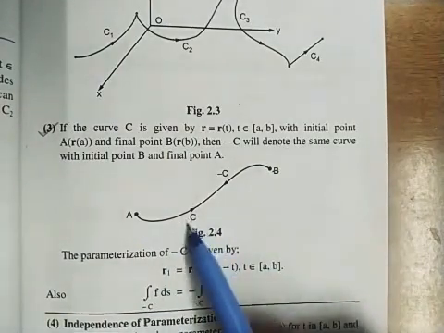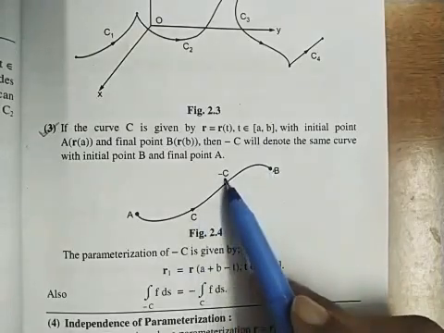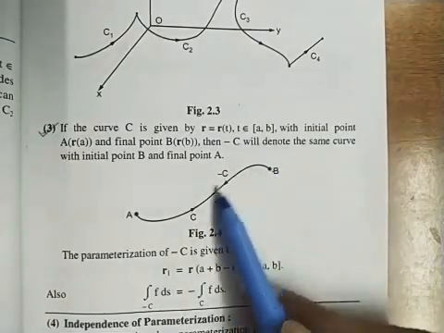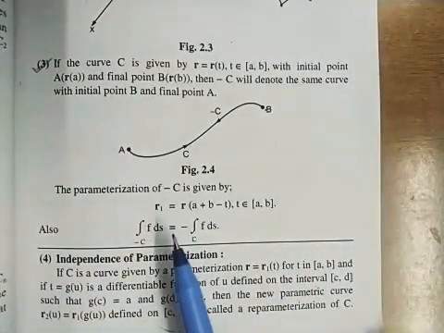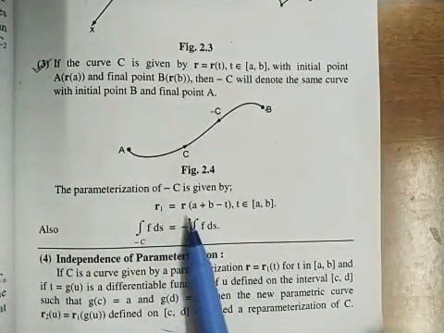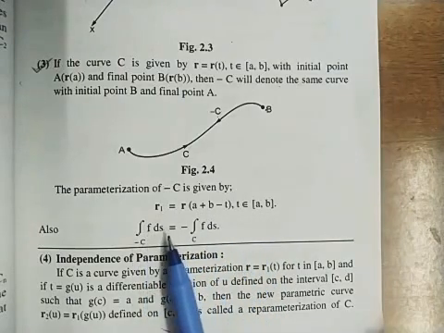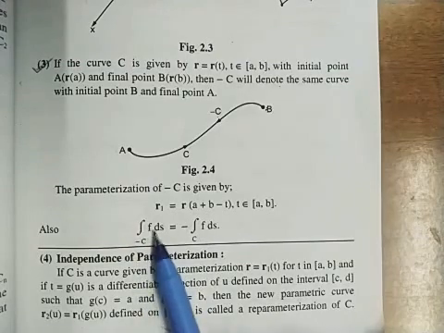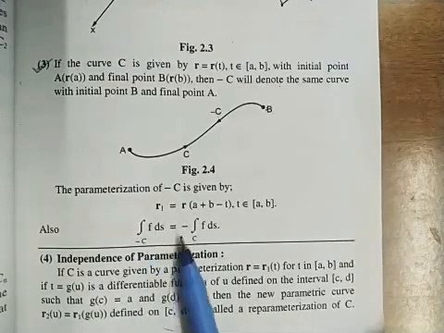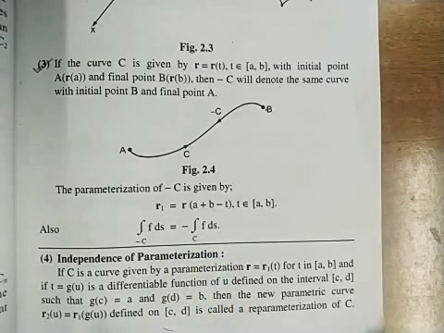If C is the curve with starting point A, ending point B, then minus C will be the curve with starting point B and ending point A. Okay. Now here r1 can be denoted as r(a plus b minus t), and the integration of f over the minus C curve is the same as minus the integration of f over C.